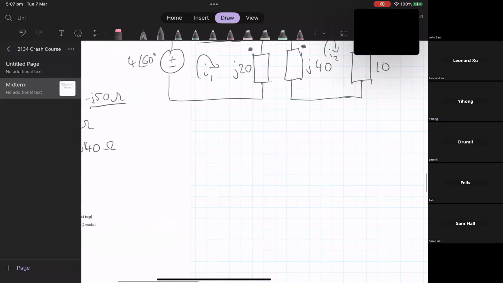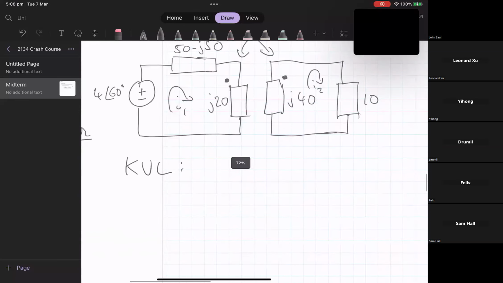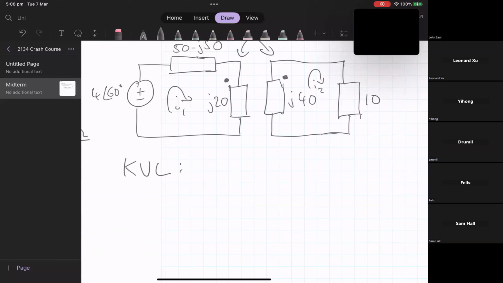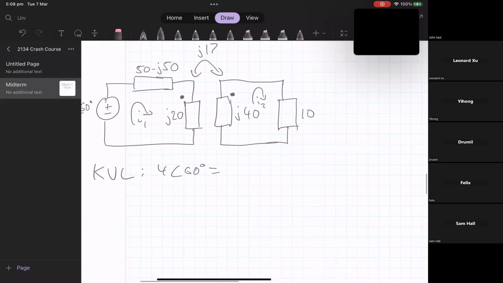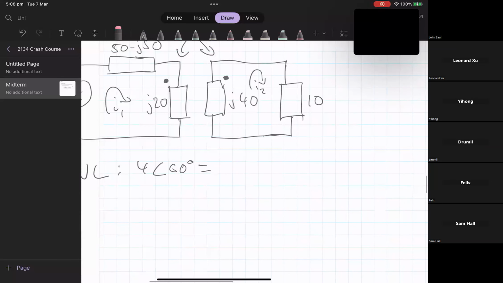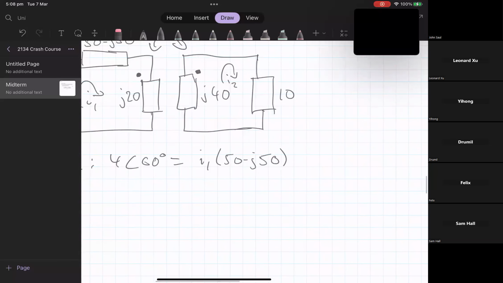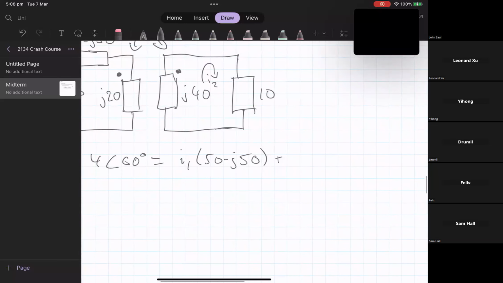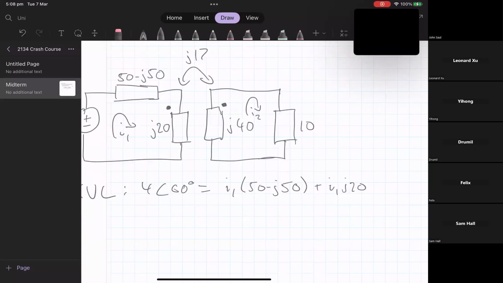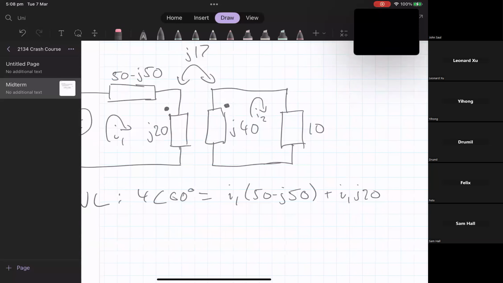Okay, so using KVL in our mesh analysis. On the first mesh, we have 4 angle 60 on the left-hand side. We have I1 times our impedance over here. And then we add, since the current is flowing through this inductor, and then we have to remember to include our mutual inductance.